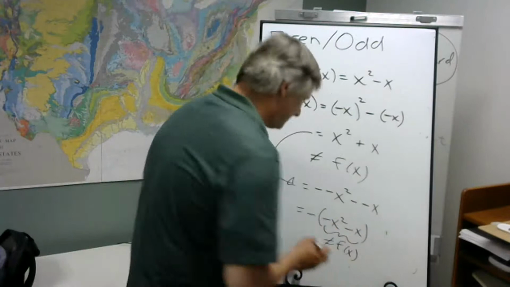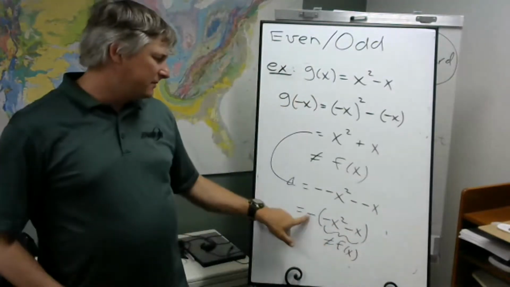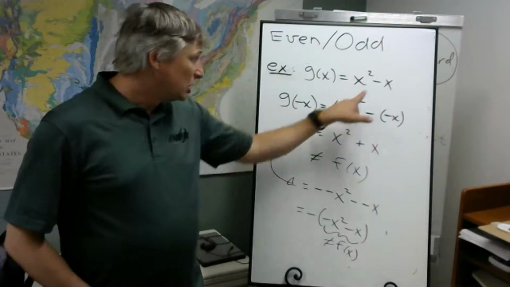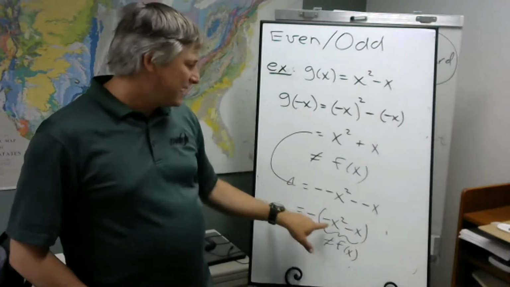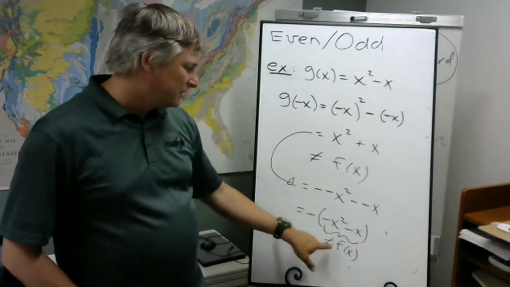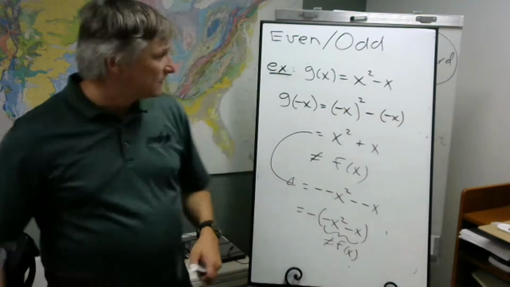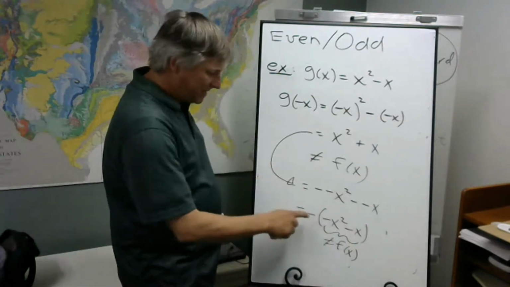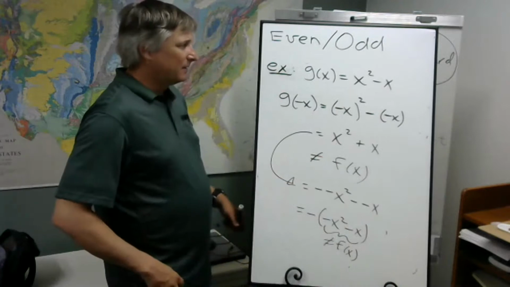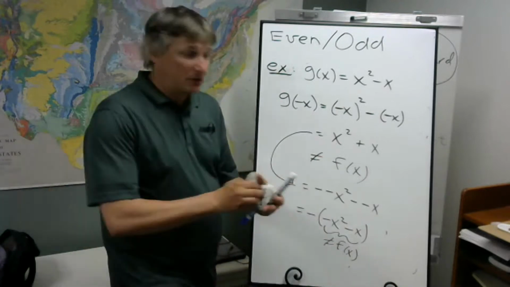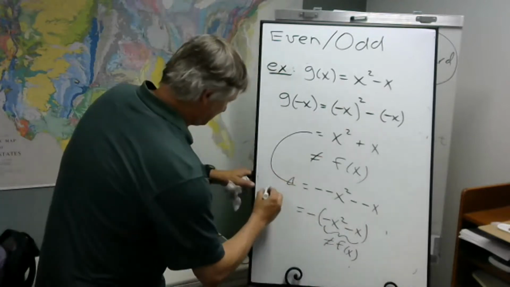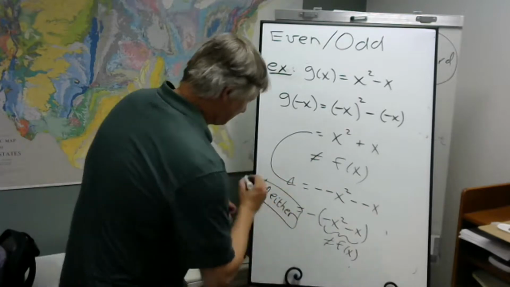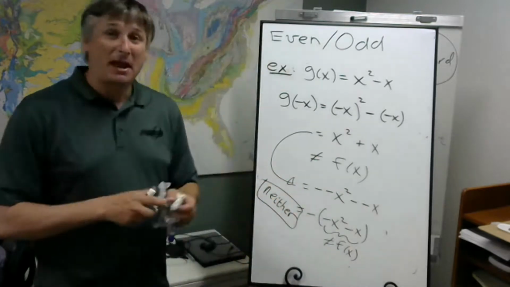Remember with odd, you'd have negative and then f of x in here. We're close, but we've got an extra negative sign. So it doesn't work. It's not going to be f of x. It's not negative f of x. This is neither even nor odd. And sometimes that happens.